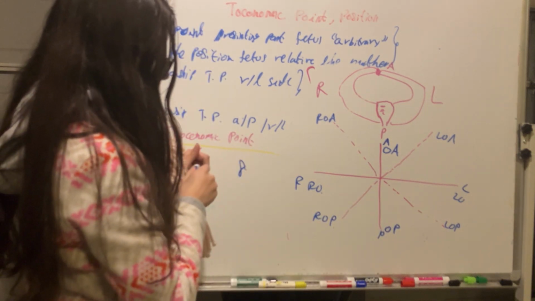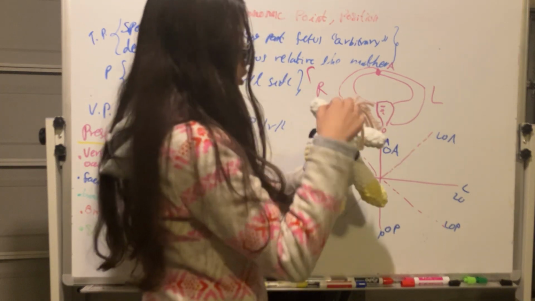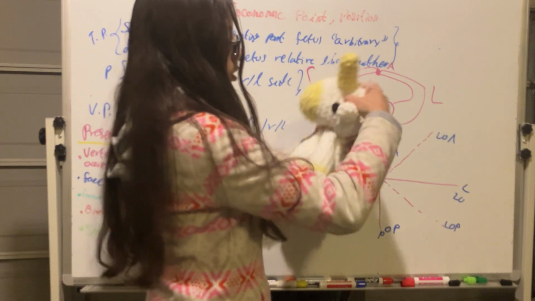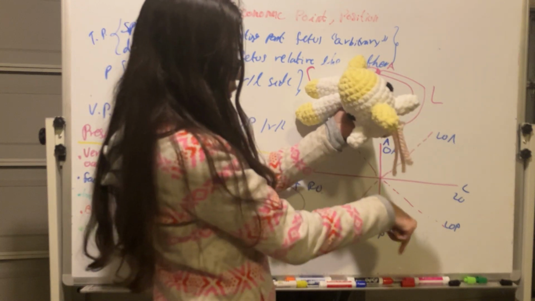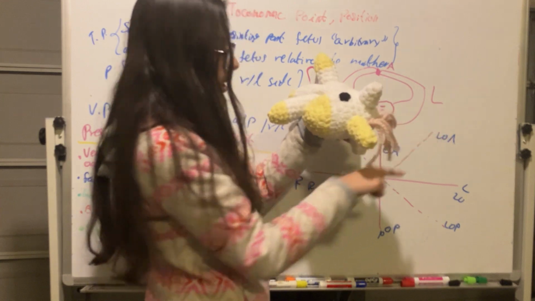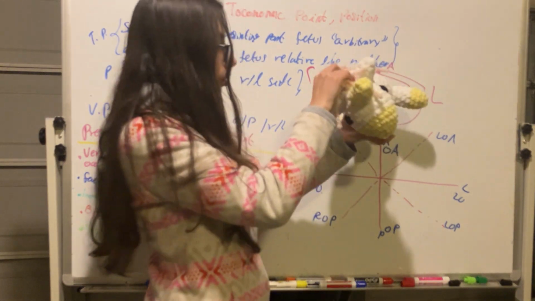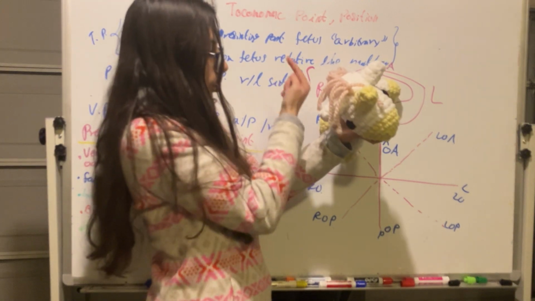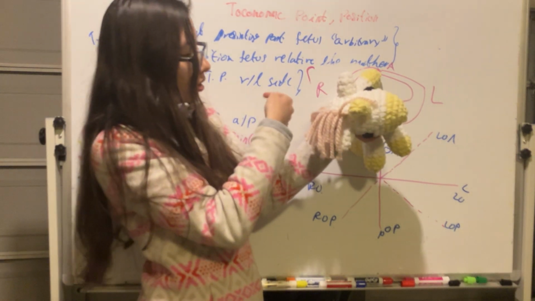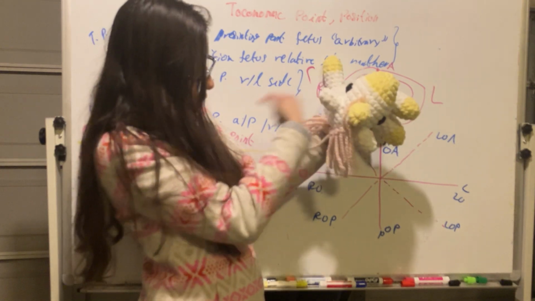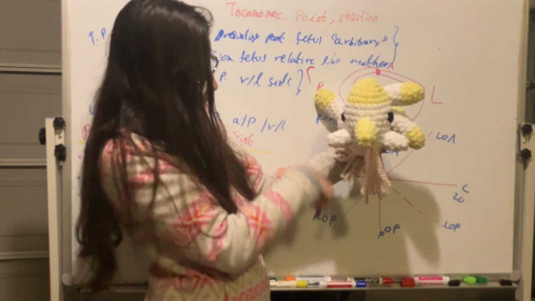We can have occiput posterior, left occiput posterior, left occiput, this is also called left transverse, anterior occiput, right occiput anterior, right occiput or right transverse occiput, right occiput posterior, and again occiput posterior.